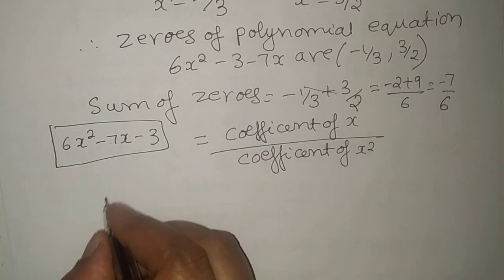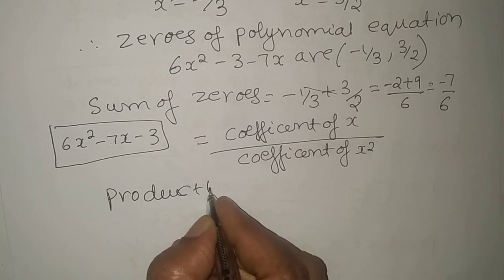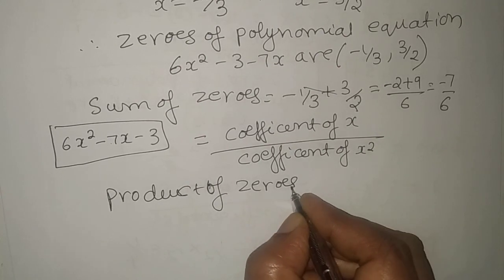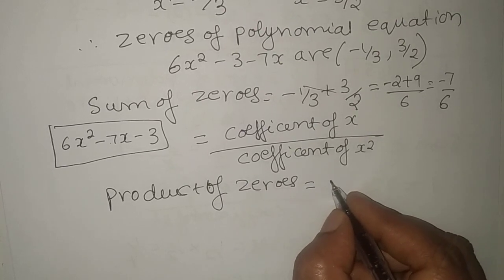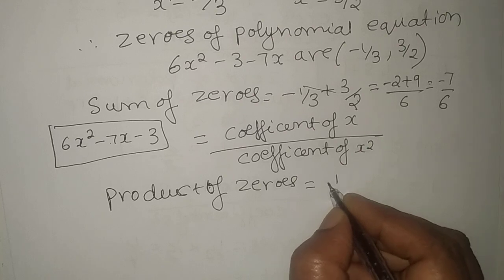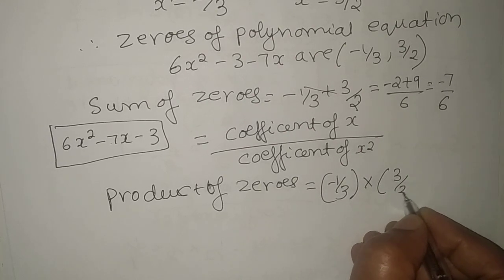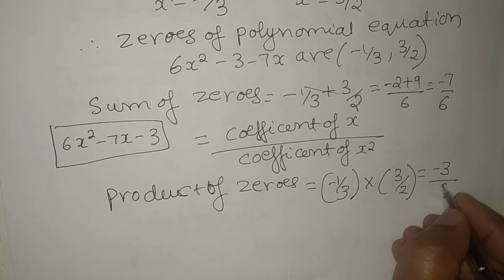Now next, the product of zeros. Product of zeros is equal to, multiply these two, that is minus 1 by 3 into 3 by 2. What we get, that is minus 3 by 6.